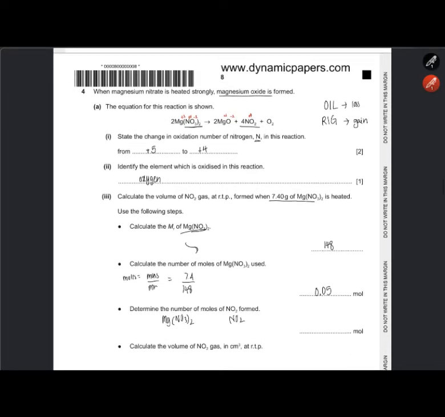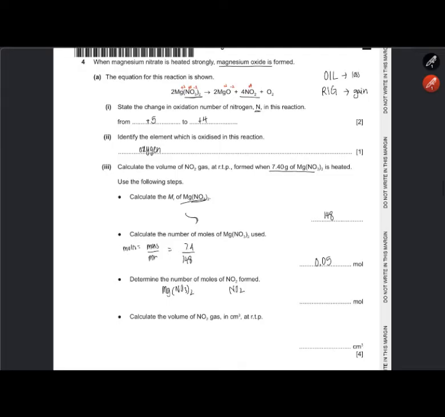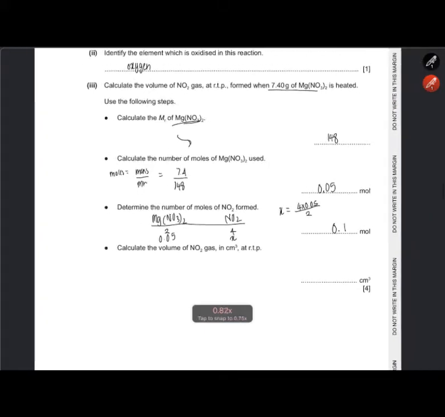What's the ratio between both of them? 2 to 4. So this is 0.05. What is the moles of NO2? We get 0.1 moles.